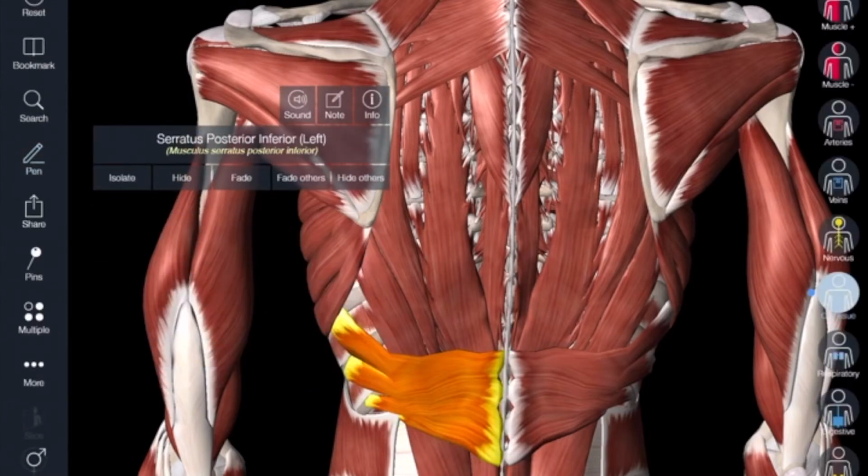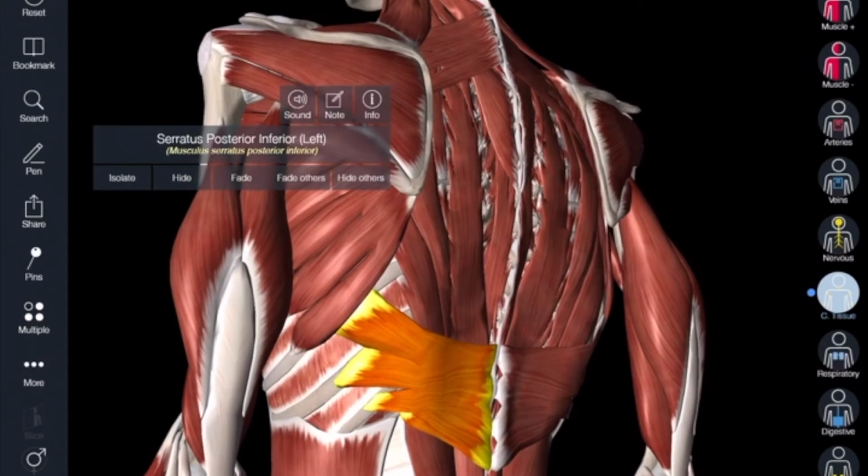What it does is pull down on those lower 4 ribs when we're compressing the rib cage, so it helps out with exhalation. So those two muscles: serratus posterior superior helps out with inhalation, and serratus posterior inferior helps out with exhalation.